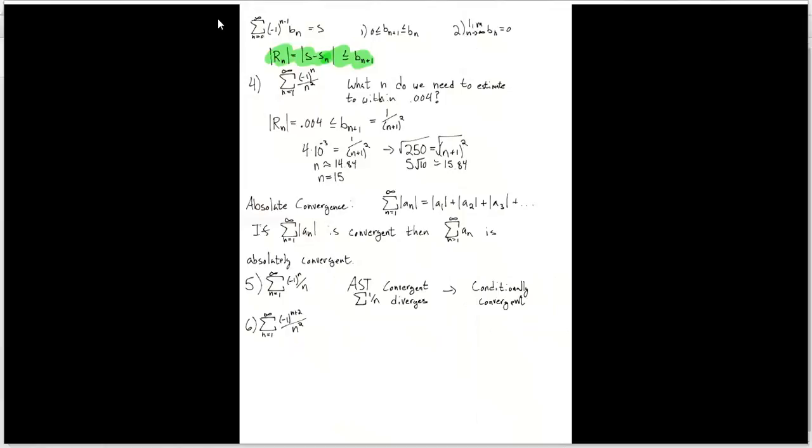All right. So, like above, this is another alternating series. And by the alternating series test, we know that this is convergent. And if we look at the absolute value of each one of these terms, we have 1 over n squared.